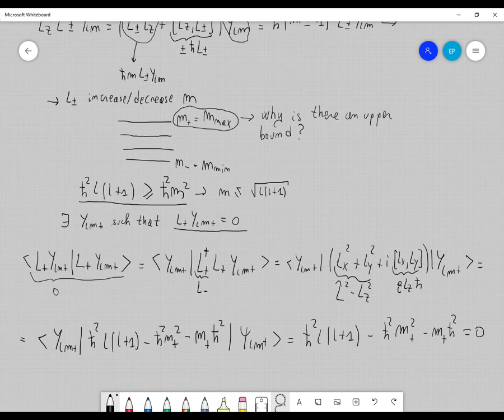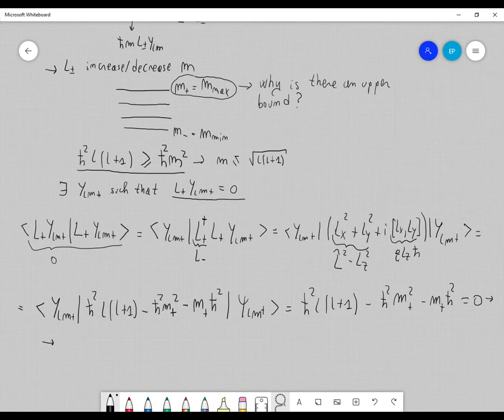Remember where we started. From this equation you easily get that the maximum value for M, which is M plus, is equal to L. So let's call it equation 187. And similarly, it can be proved that M minus is equal to minus L. Okay, 188.